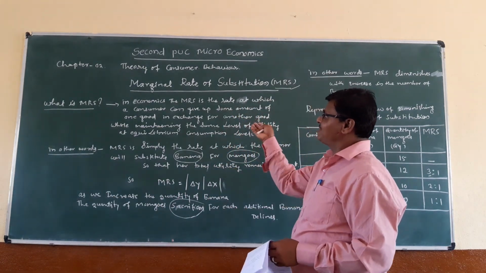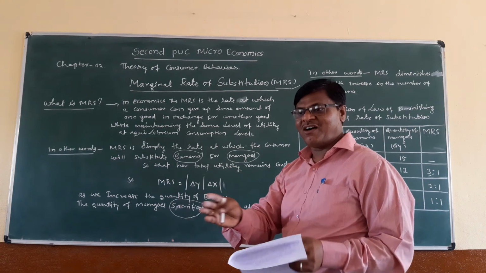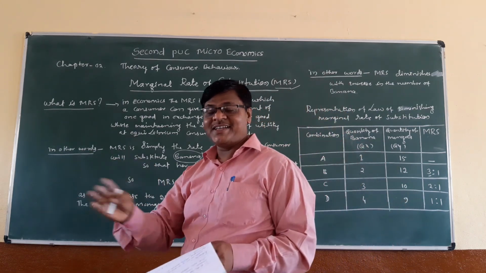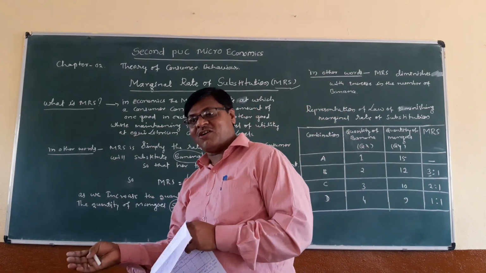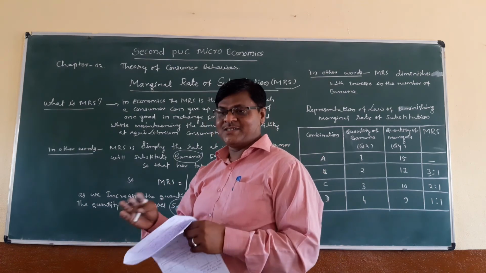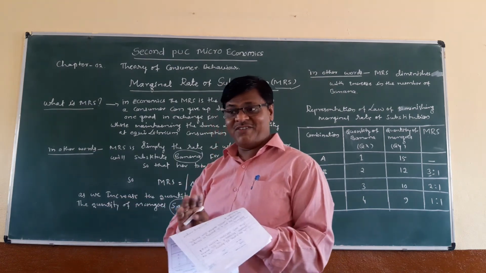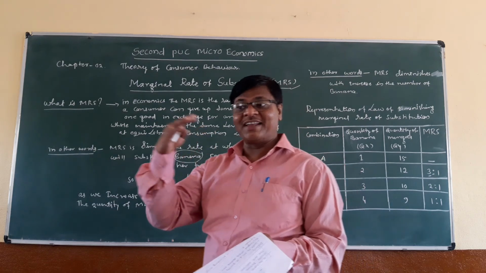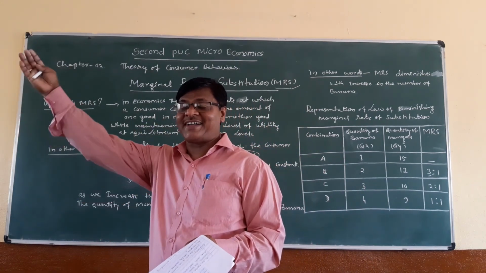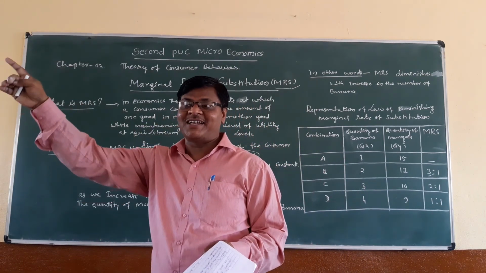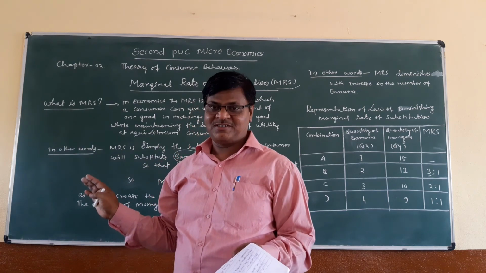The marginal rate of substitution is the exchange of one good for another. When we exchange one good for another, there is a rate of exchange. It is called the marginal rate of substitution.